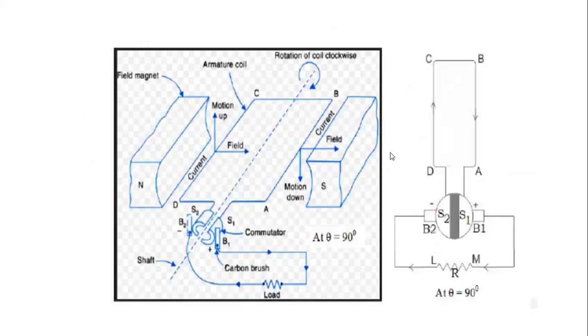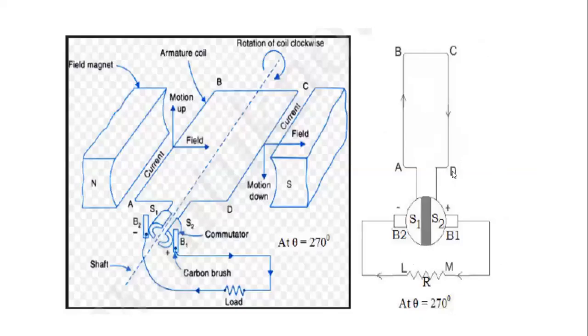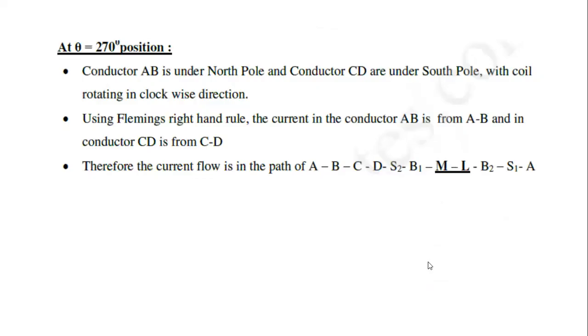When we are observing both diagrams, in this case also the direction of the current is A, B, C, D, B1, M to L. In this case also the direction of the current is M to L.